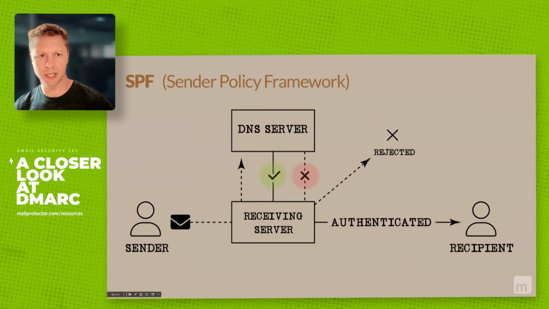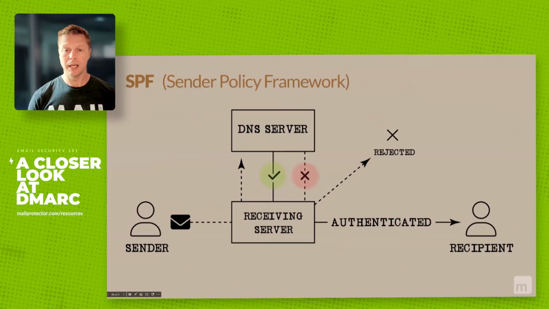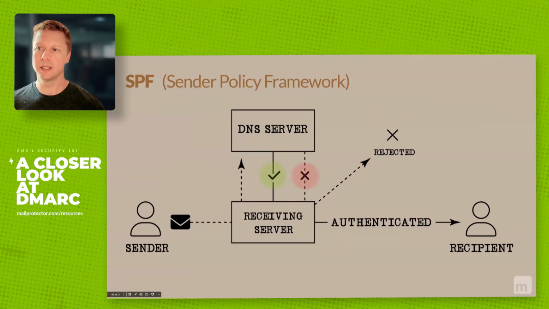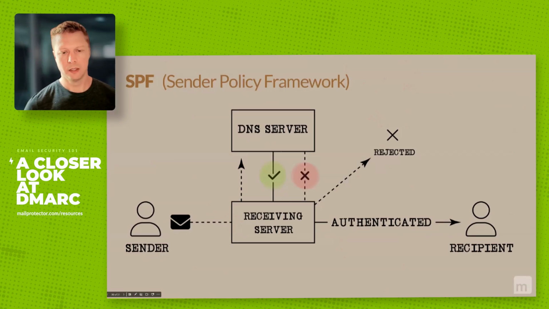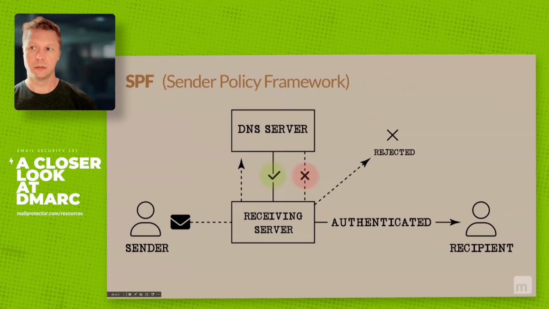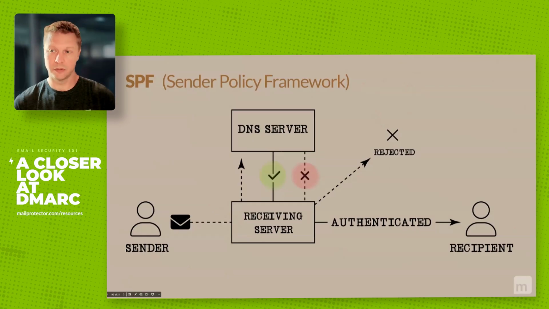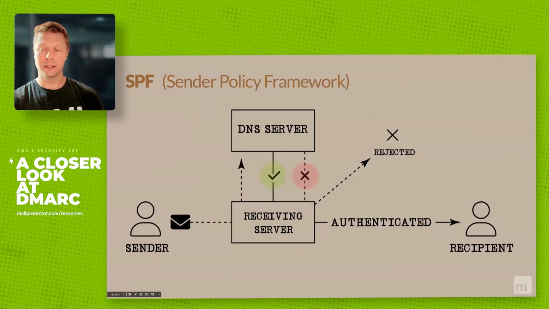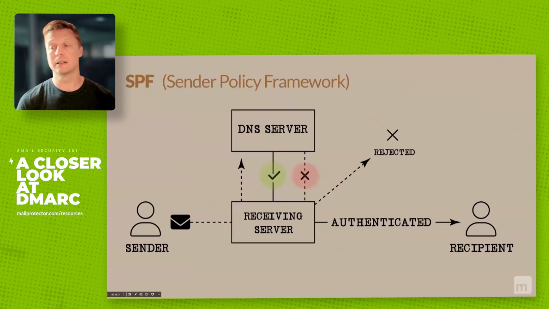Starting with SPF, or Sender Policy Framework, this is based on the IP address of the sending email server. When someone sends an email, the receiving server contacts a DNS server for that sending domain and asks, this email that's coming from this particular IP address, is that IP address authorized to send an email on behalf of that sending domain?